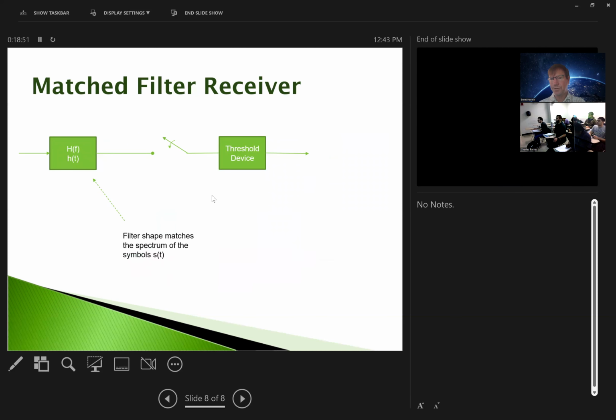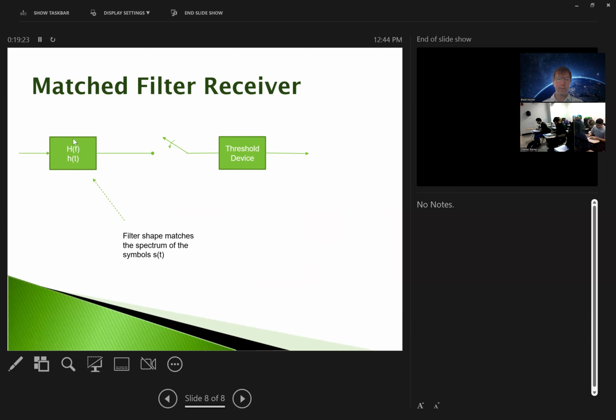Another approach that is likewise optimum is a matched filter receiver. And so here what we're doing is we run this through, and this is a little bit simple, but we create a filter that has the same spectrum as your symbols coming in, right?